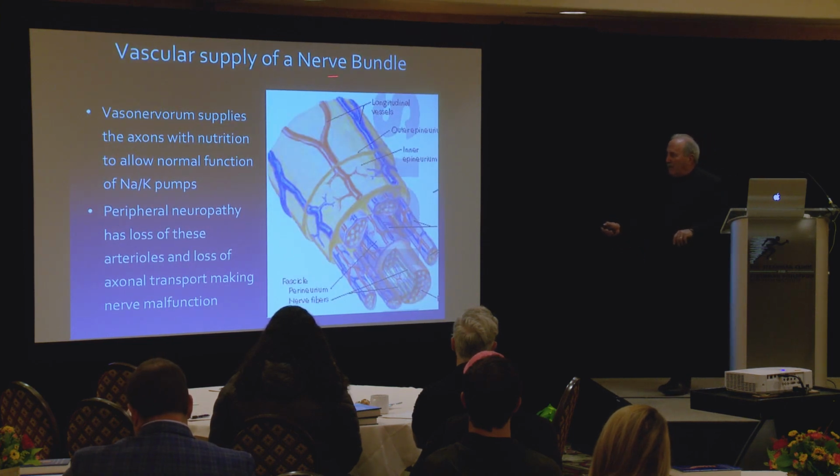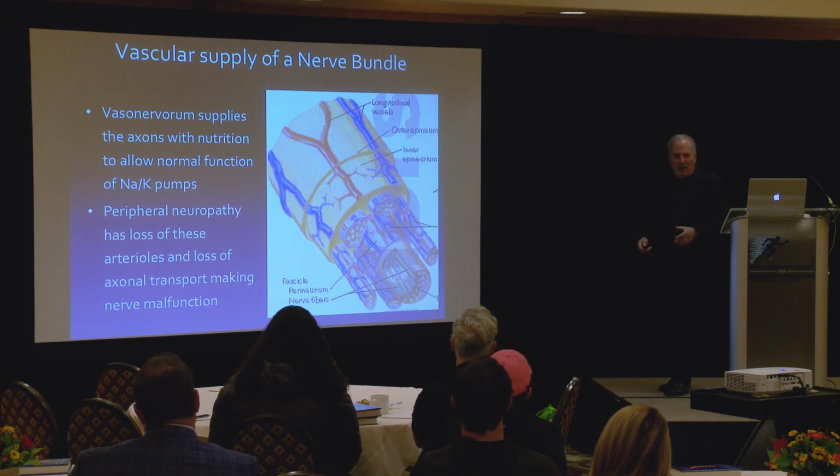This is important because we're going to talk a little bit later about peripheral neuropathy. All of the nerves are vascularized by arterioles and venules, and these create a functional milieu so the nerve can conduct. You've got ATP going on, you've got sodium-potassium pumps, you've got calcium channels.